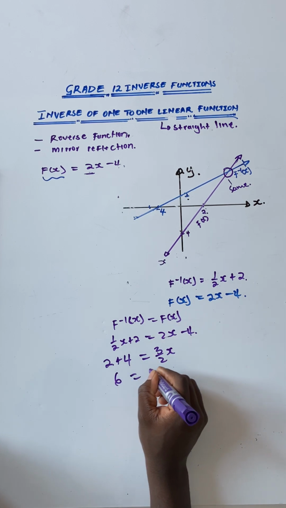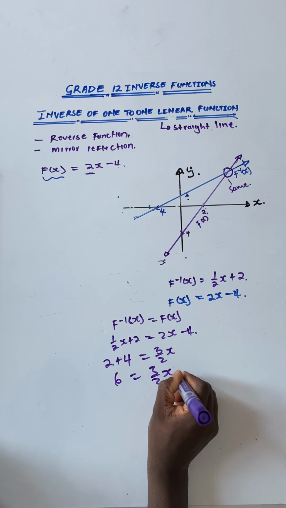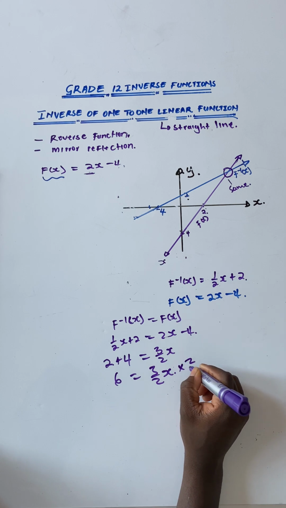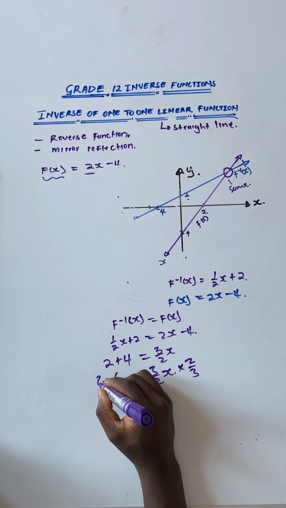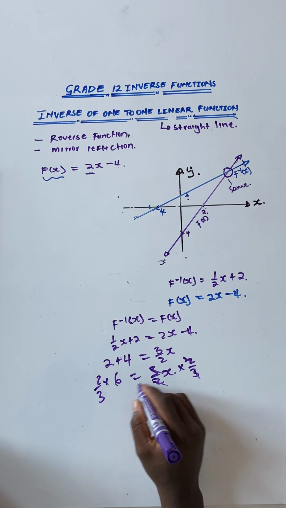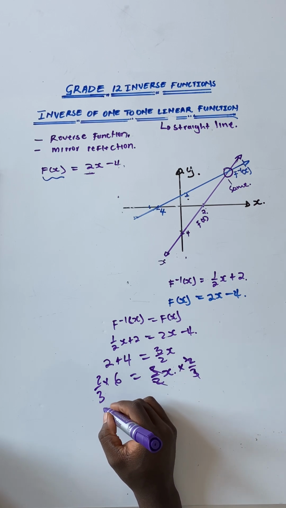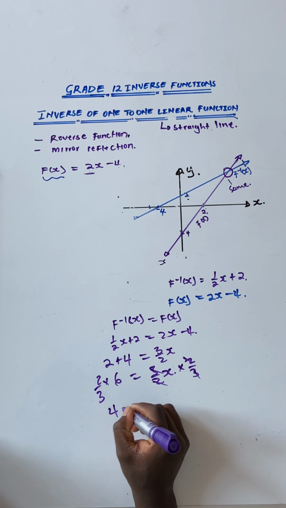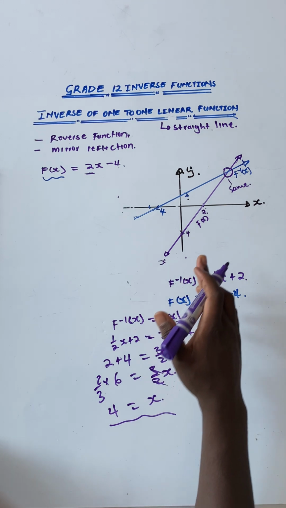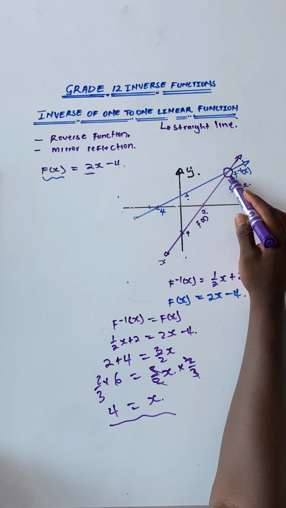So that will be 6 is equal to 3 over 2 x. Then what do we want? We want x, so we can multiply both sides by the reciprocal, which is 2 over 3 times 2 over 3. So this cancels out, and we have x on this side. Now that will be 6 times 2, which is 12, over 3, which is 4, equal to x. So now we have the x value of the point of intersection.